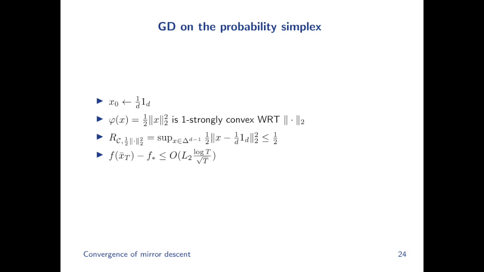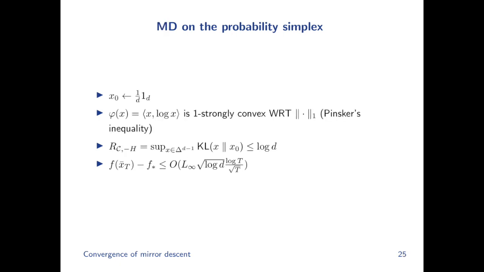So if you just plug and chug through the previous bound, what you see is that you get a 1 over root t rate. Keep this in mind because we're going to compare with mirror descent, where you use the KL divergence as the Bregman divergence, which is in some sense the correct one to use here. Because again, you're optimizing on the probability simplex, you want to use a divergence that reflects the geometry of the probability simplex. Okay, so now let's do mirror descent.